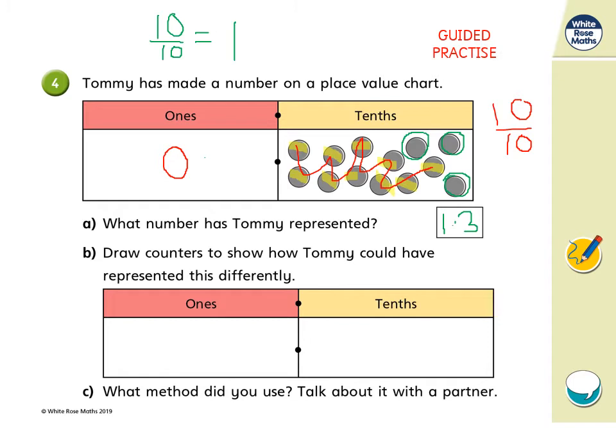Now it's saying we've answered A and then B. Can we draw counters to show how Tommy could have represented this differently? Oh yes, we've just done it. We could have one whole one in the place value column of the ones, and then our lowest value, our tenths, we can have the 3/10 counters, which gives me the decimal 1.3.